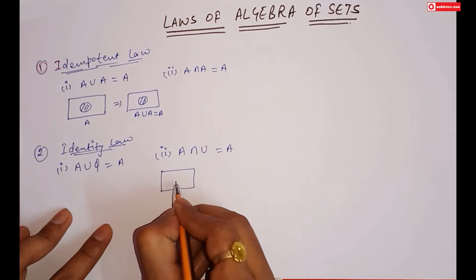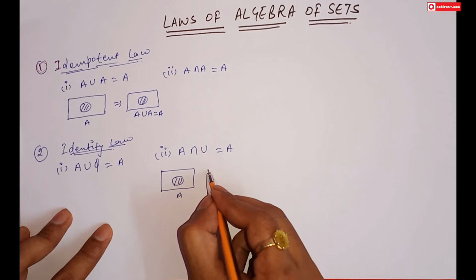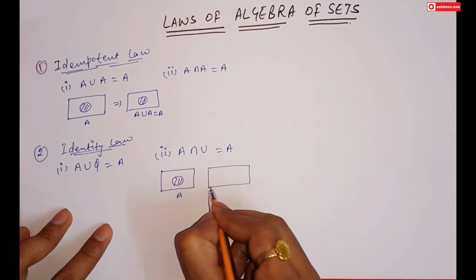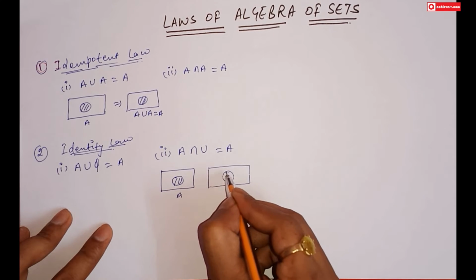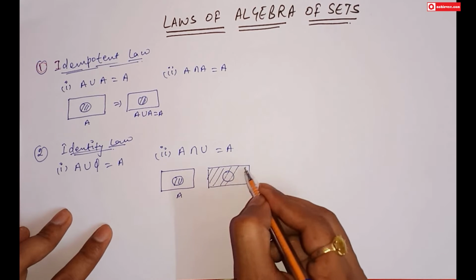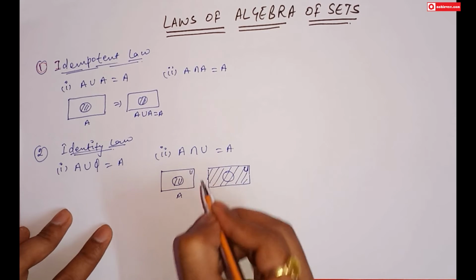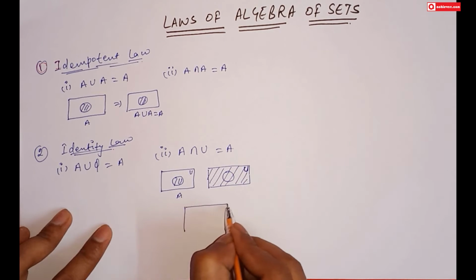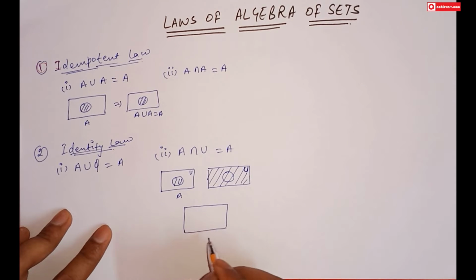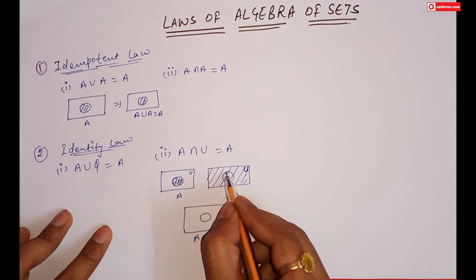So suppose we have A and we have the universal set. So what is the union? The union is this whole portion, so A is also included in it. So what is A intersection the universal set? It will be equal to A because this is the common portion, this and this.